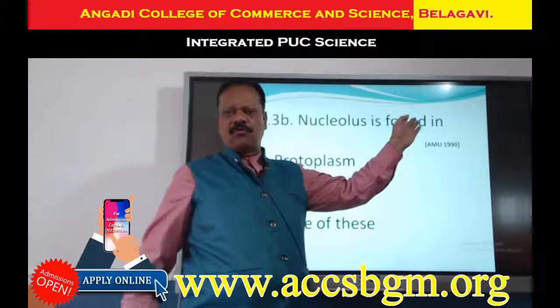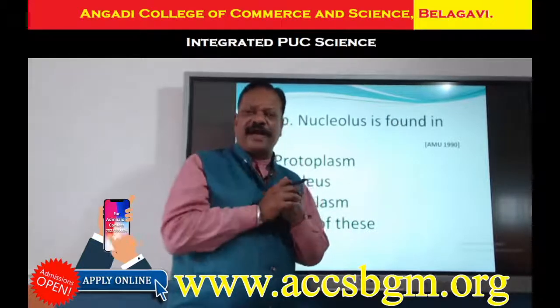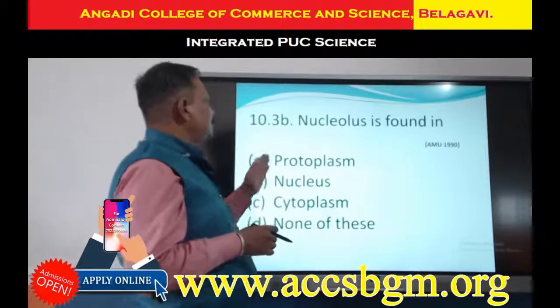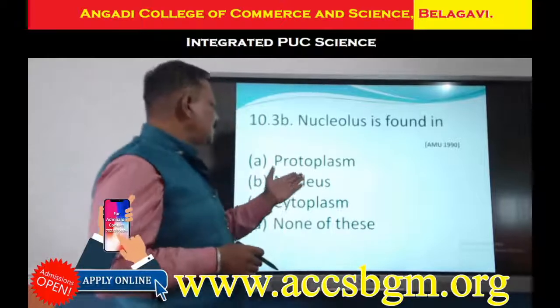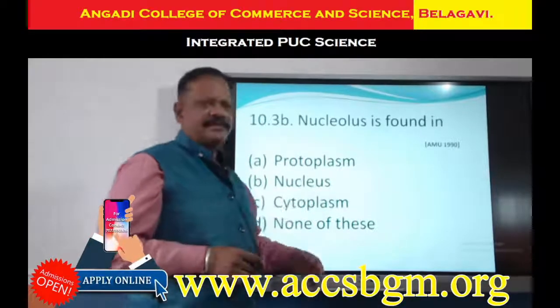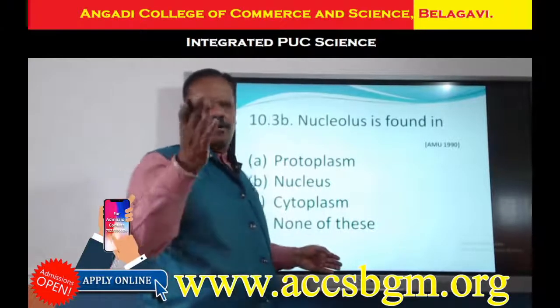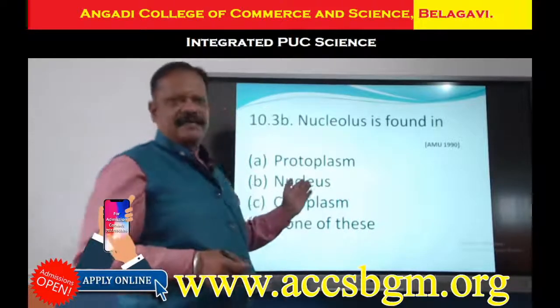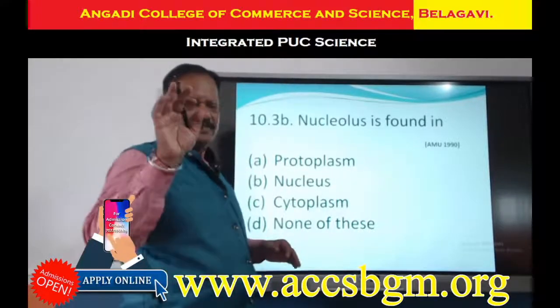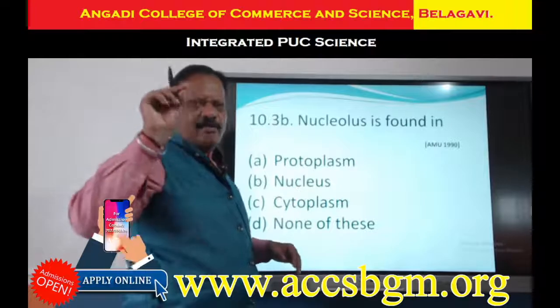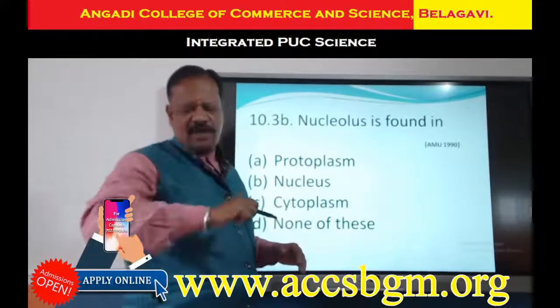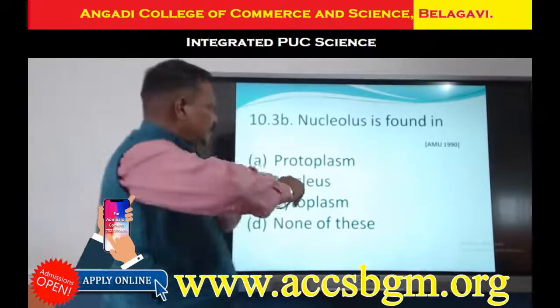Nucleolus is found in? Where are you finding nucleolus? Protoplasm, nucleus, cytoplasm, none of these. It is option B, that is nucleus. In case of nucleus, the small rounded body you are observing, you are calling it nucleolus. Next one.